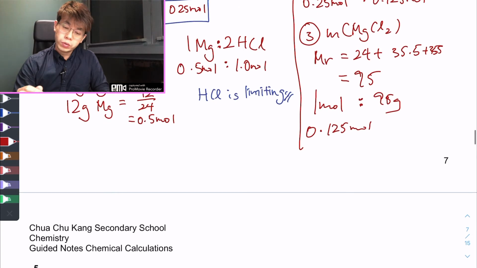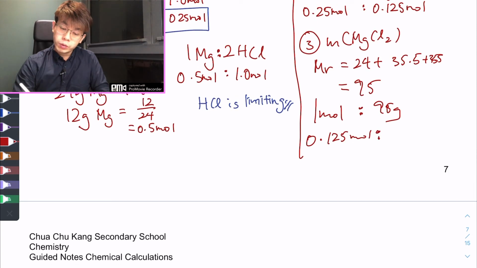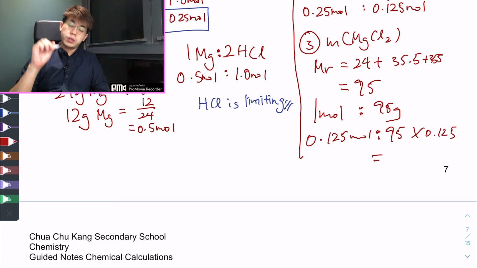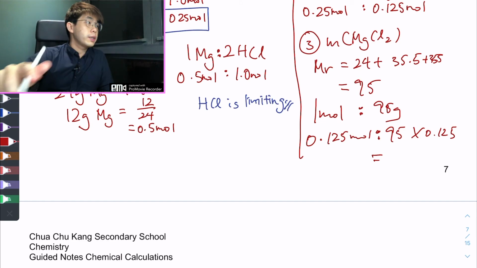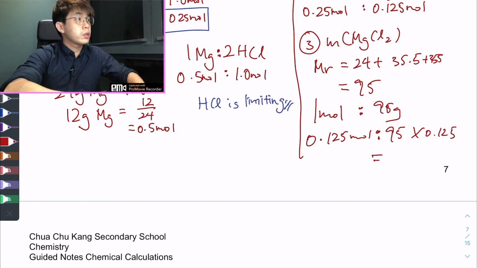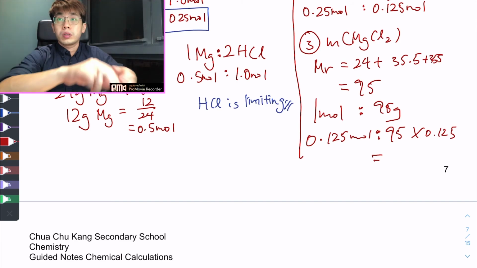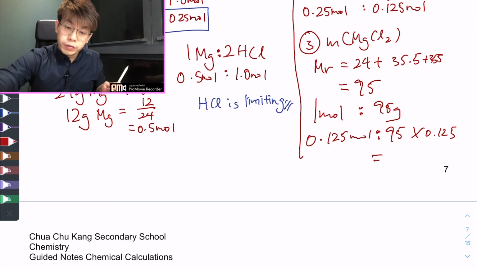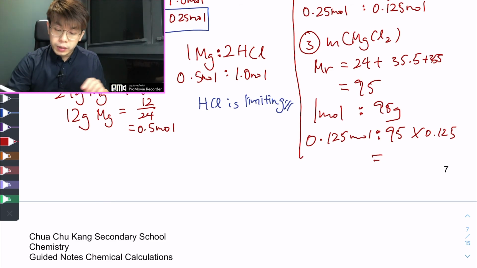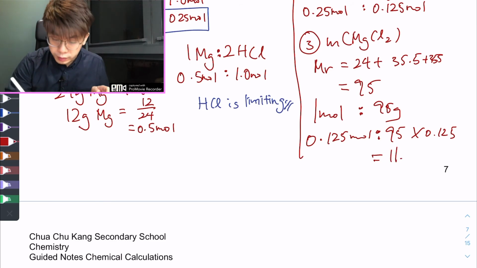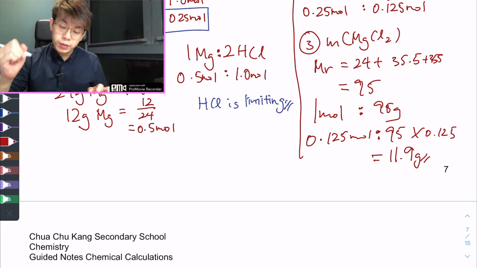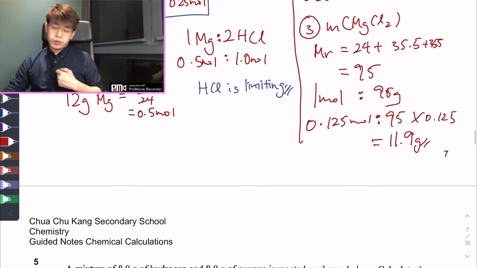So 0.125 moles is equivalent to 95 times 0.125. Wow, this is a bit tough. Need the calculator. So this is 95 times 0.125, 11.9 grams, about 3 significant figures.